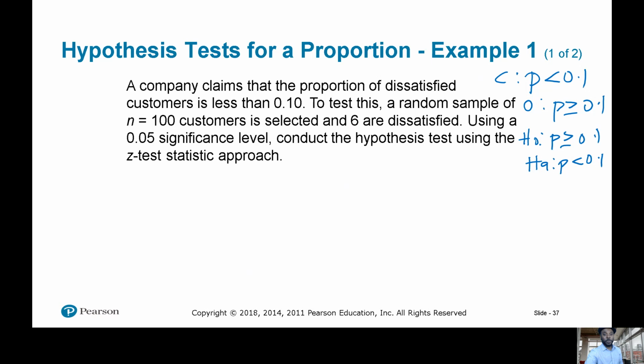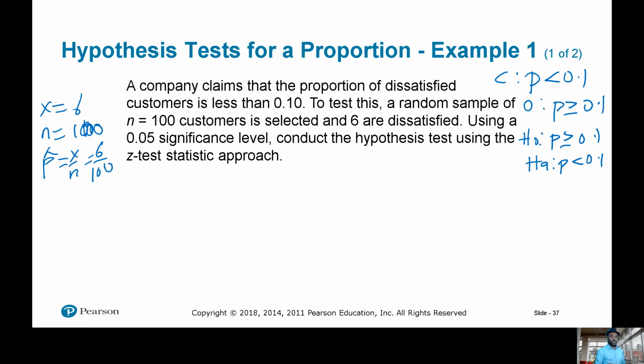The sample size is 100 customers selected and 6 are dissatisfied. So 6 are dissatisfied, so x is equal to 6 and n is equal to 100. That means our sample proportion will be x over n, which is 6 divided by 100.